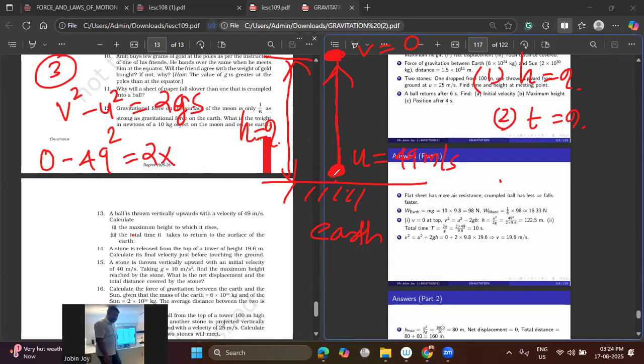So here I am throwing this object upwards, so the acceleration is 9.8. 2 into 9.8 into s. What is the value of s?